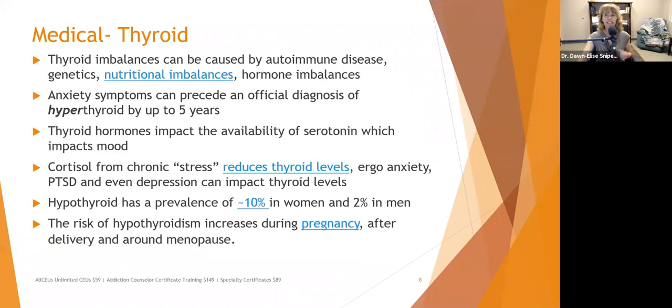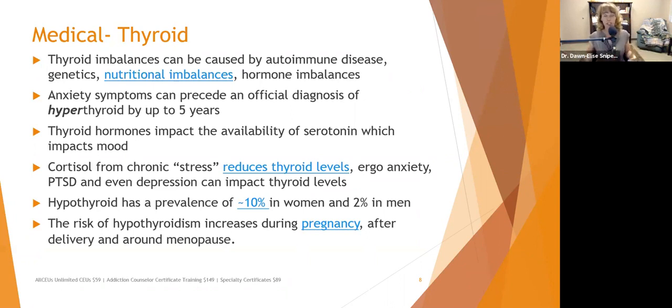Thyroid imbalances can be caused by autoimmune diseases, genetics, nutritional imbalances, or hormone imbalances. And you can learn more about the different nutritional imbalances if you download the PDF, and you can click on that hyperlink later. But it's important to recognize that if somebody has poor nutrition, it actually can affect their thyroid, which actually can cause depressive symptoms.